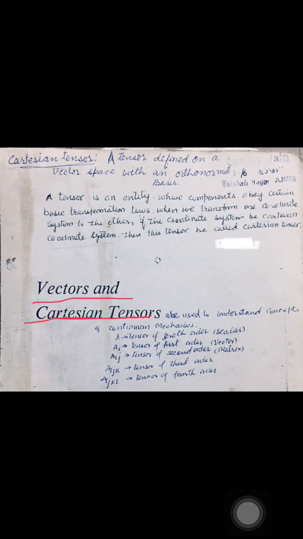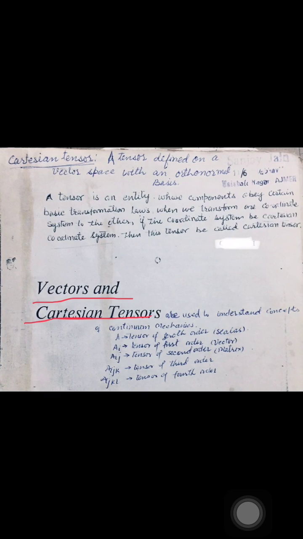It has all the properties of scalars, and a vector, a tensor of order 1, has magnitude and direction, which we studied in physics and many places. In your previous class, MSc previous, you also went through tensors. Here we discuss vector and Cartesian tensor.